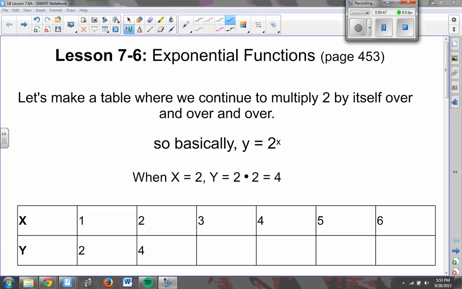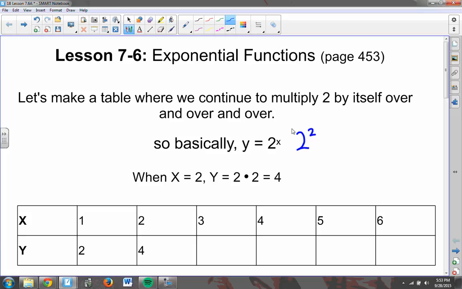So for example, when x is 2, that means this is going to be 2 to the second power, 2 times 2, which gives us 4. All right, so if we look at this table, when x is 1, 2 to the first power we know is just 2. When x is 2, 2 to the second power we know is 4.